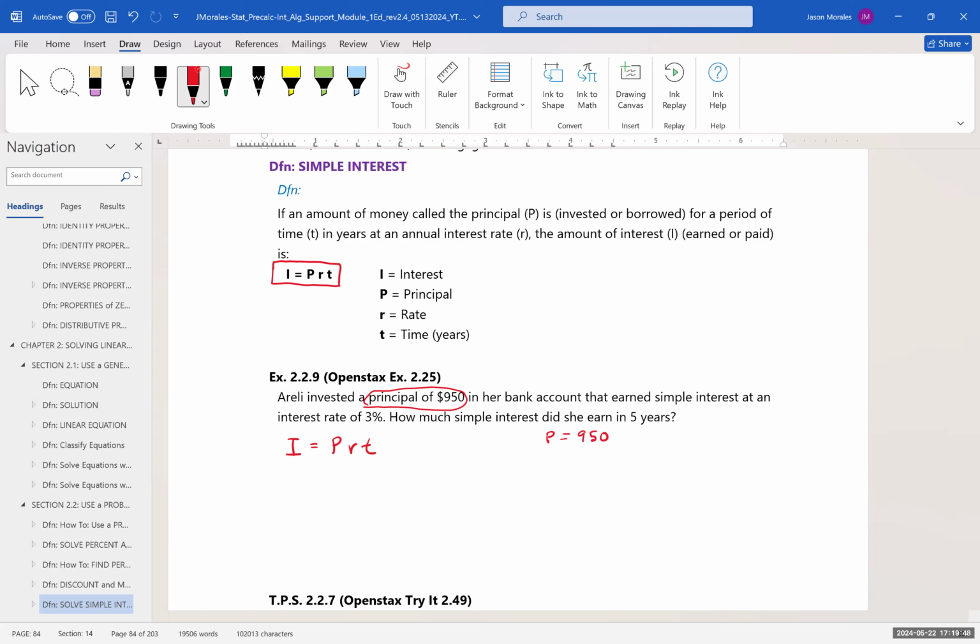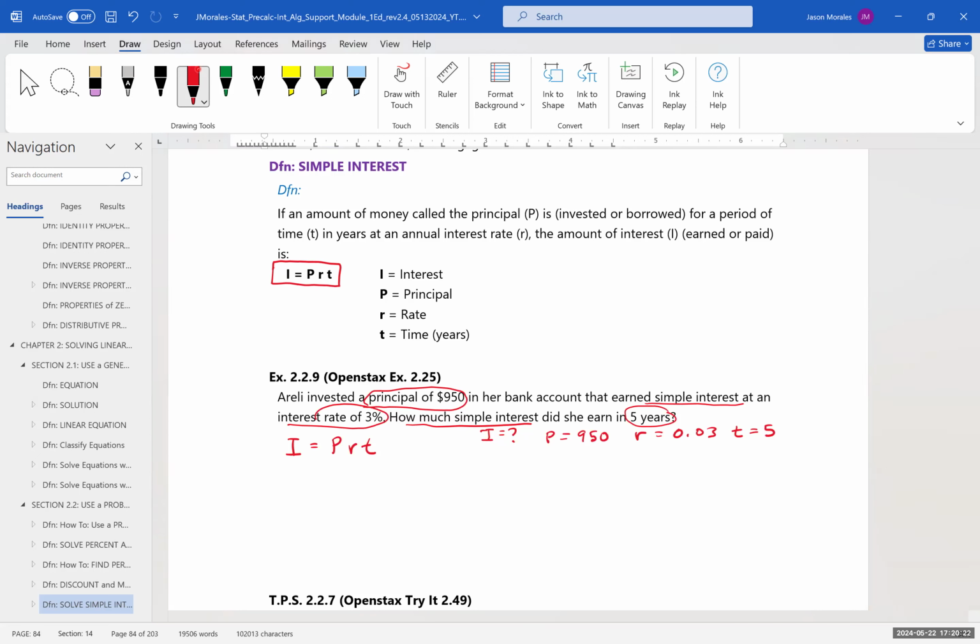Then it says earn simple interest. Okay, that's good to know. At an interest rate of 3%, we can write it as a decimal, 0.03. And then it says how much simple interest, so that's I, meaning I equals what? We don't know. Did she earn in 5 years? So that's our amount of time, and time has to be in years, so it's already there.